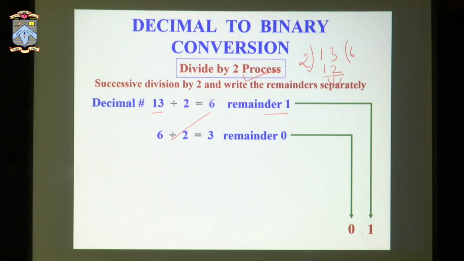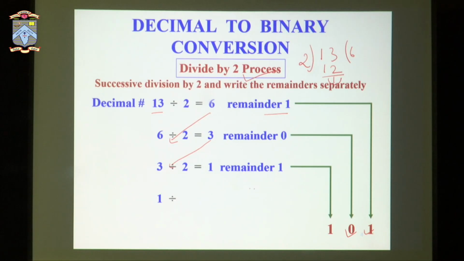Next, you take number 6 and divide by 2 once again. The remainder is 0. Write the remainder separately. Then, the next remaining digit is 3. You take that number 3 and divide by 2, and the remainder becomes 1, written separately. And again take number 1 and divide by 2.